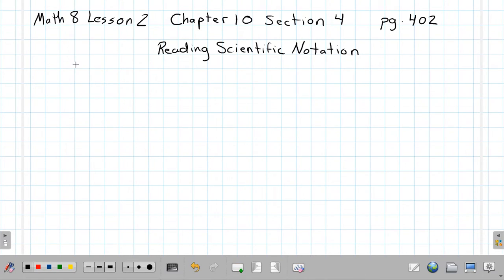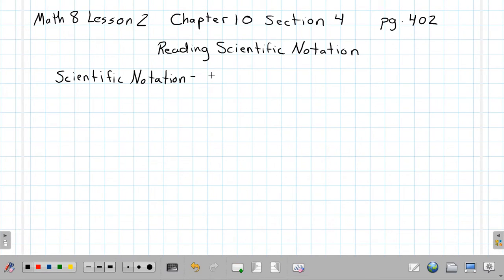So just a refresher here on the basics of scientific notation, okay? So we're going to do a little definition here about scientific notation. Now, in the book, you'll notice the definition talks about integer powers of 10 and stuff like that.